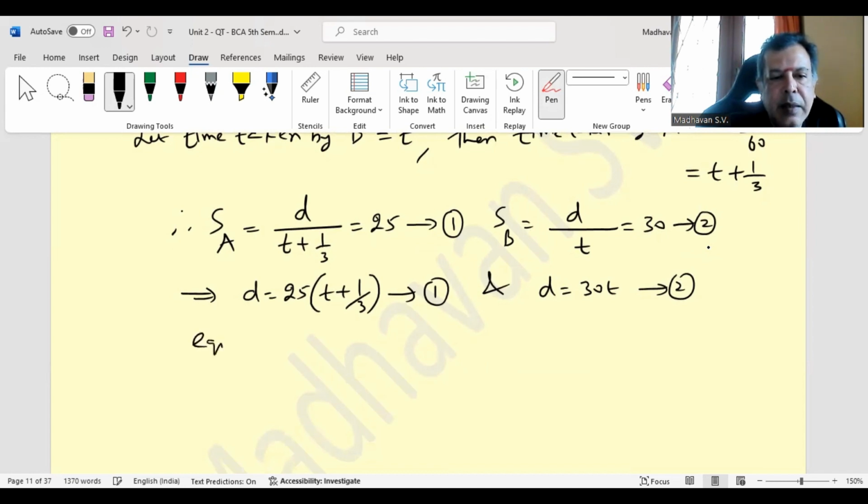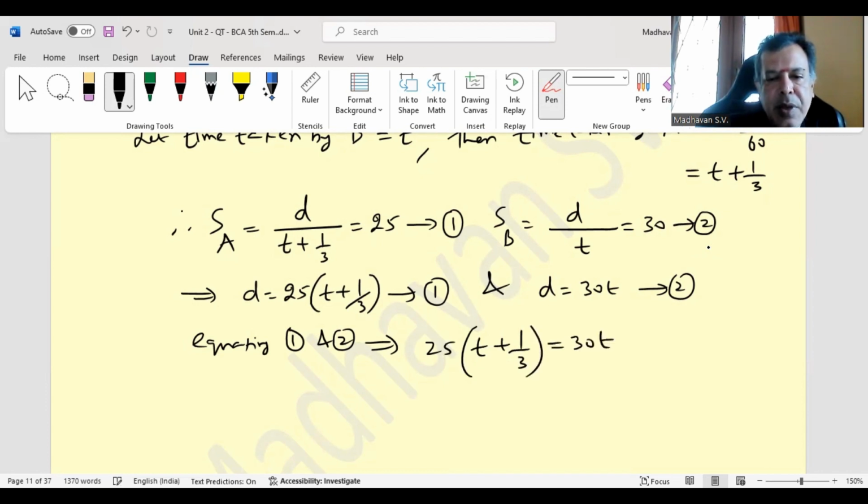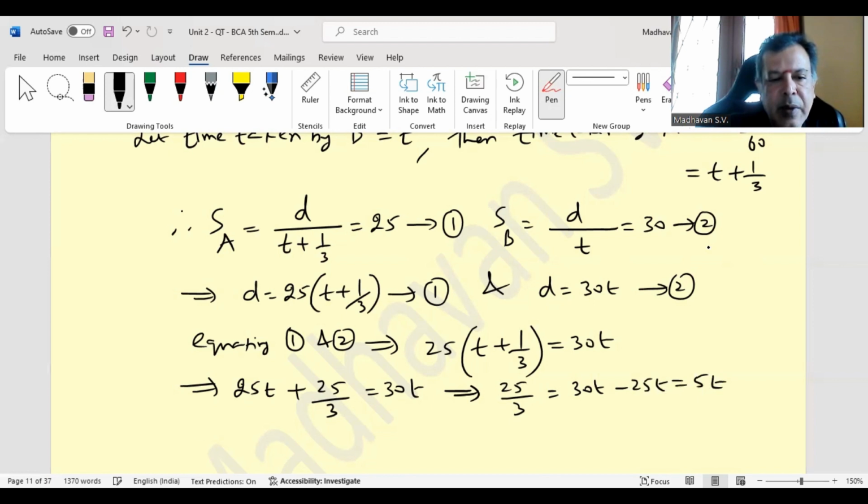So equating 1 and 2, we get 25 times T plus 1 by 3 is equal to 30 times T. Individually multiplying, 25 times T plus 25 by 3 is equal to 30 times T, or 25 by 3 is equal to 30T minus 25T, and that is 5T, which means our T will be 25 by 3 into 5, or 5 by 3, which is in terms of hours.